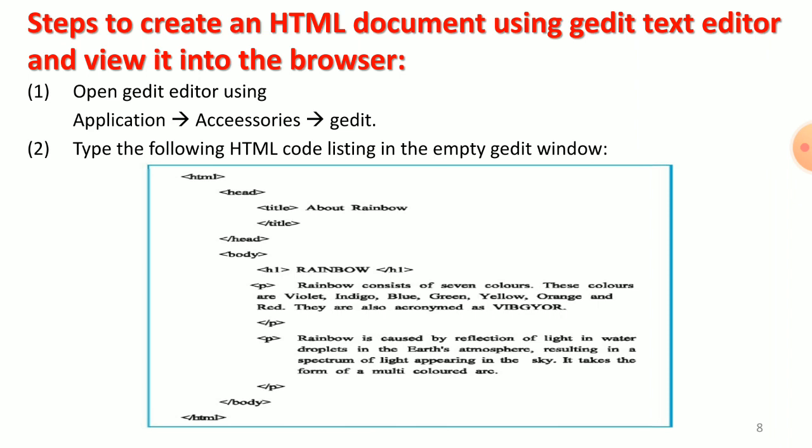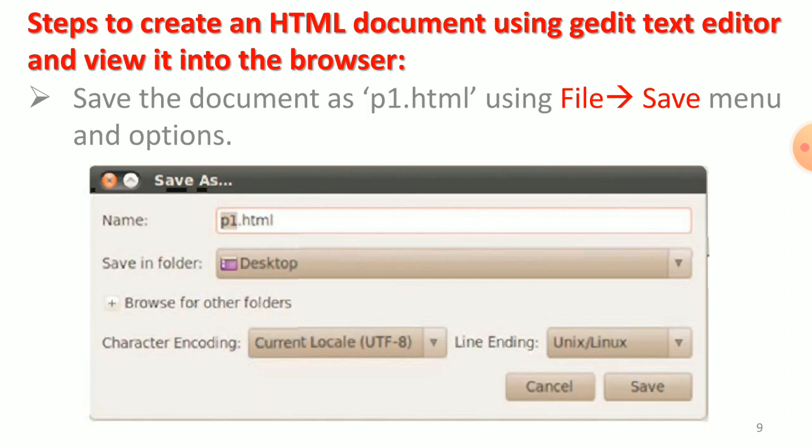Click the File menu and then Save. This is the second step, how to create and save a file. p1 is the file name, and .html is the extension of HTML documents. After that, click the Save button.